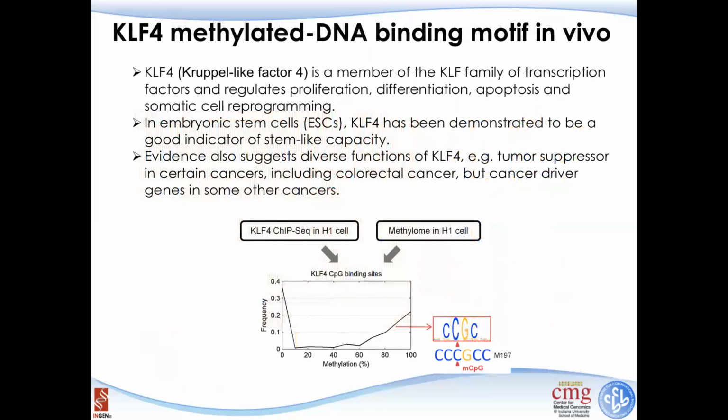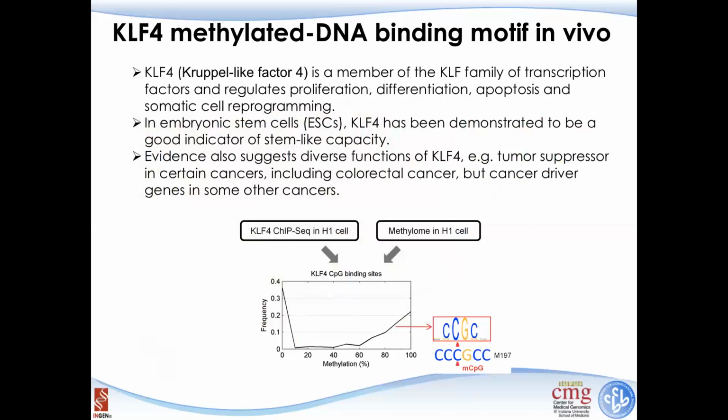And why do we care about KLF4? KLF4 is a pioneer factor. It's a member of the KLF family, a transcription factor family. They can regulate proliferation, differentiation, apoptosis, or somatic cell reprogramming. And from another study using KLF4 ChIP-seq, we also integrated it with methylation data in the same cell line.